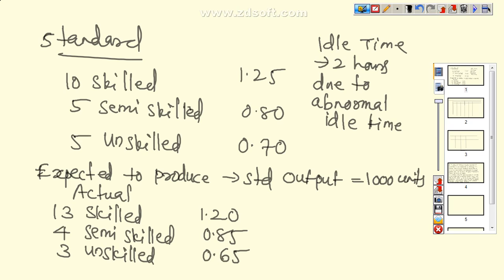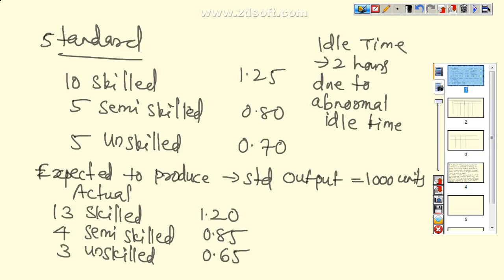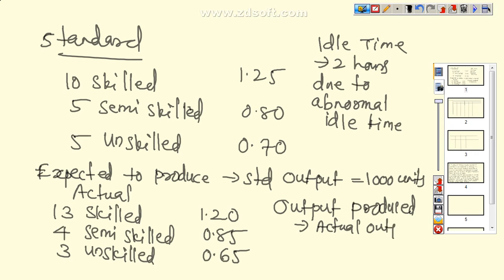These are all reasons of abnormal idle time. And 960 units of output were produced, that is our actual output, equal to 960 units.